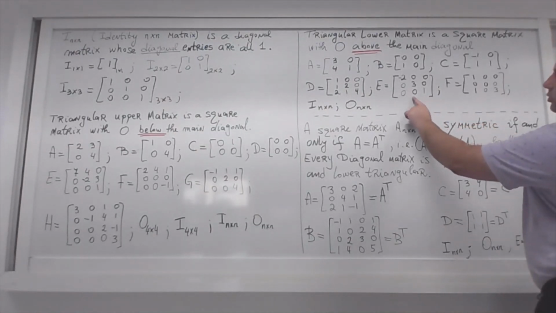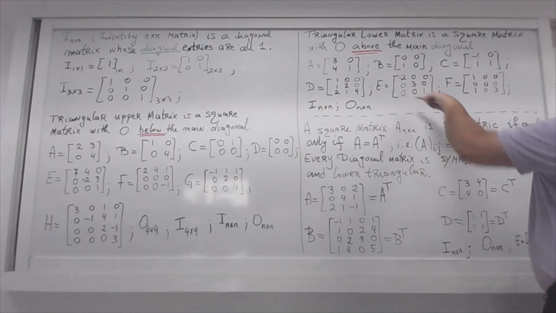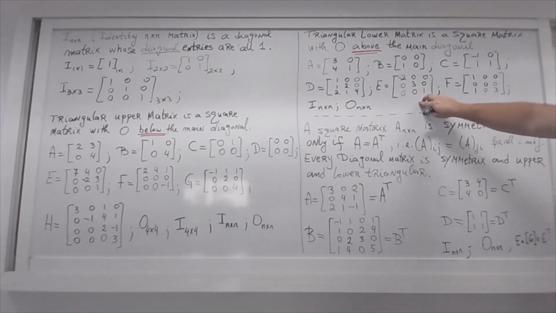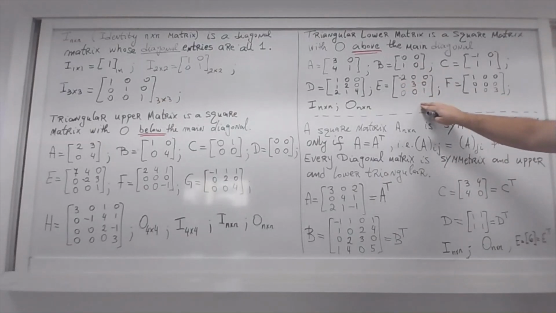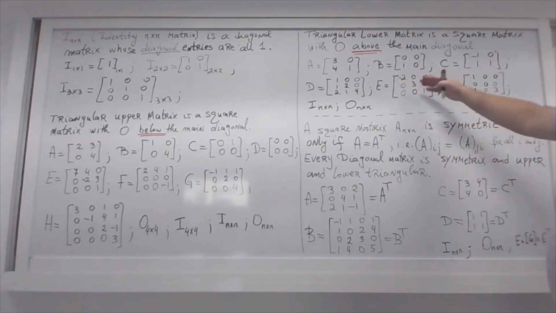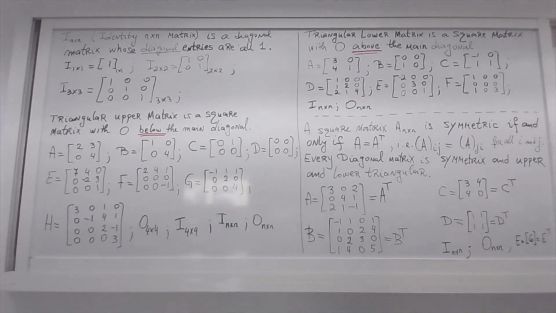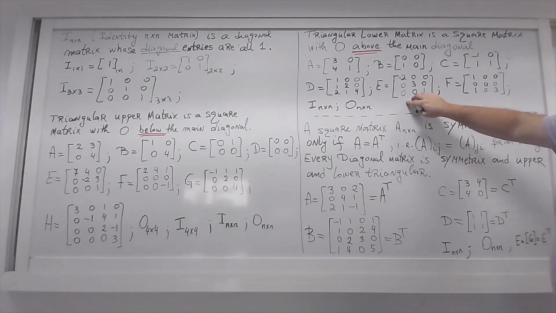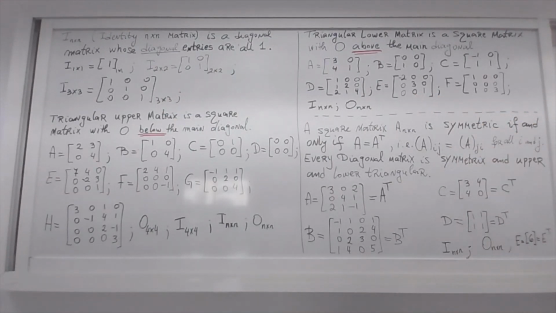Okay, so you can say, oh, but wait a minute, I have zeros below also. So this matrix is actually a diagonal matrix, because it has zeros off diagonal. At the same time, it is upper triangular, and at the same time, it is lower triangular. Well, good for the matrix. So you see that one matrix can be classified in several categories. It's not a problem.